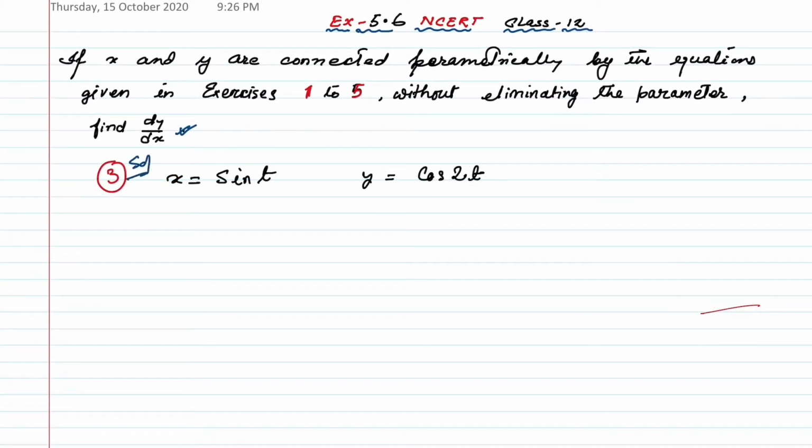So x is equal to sin t, this is suppose equation number 1, and y is equal to cos twice t, this is suppose 2.